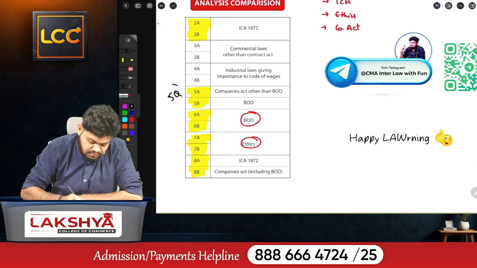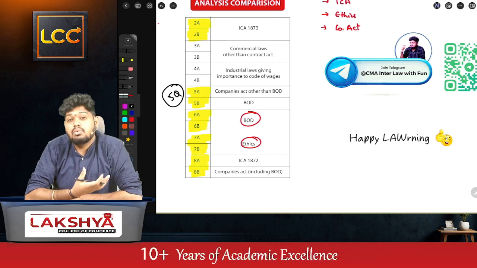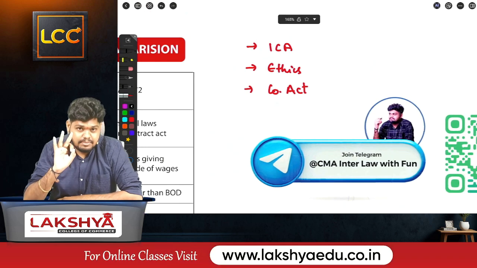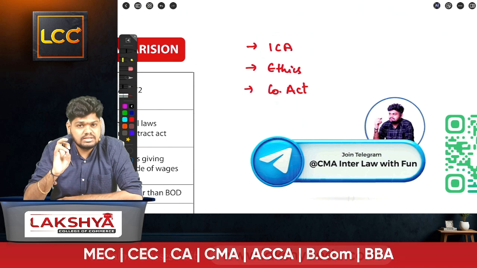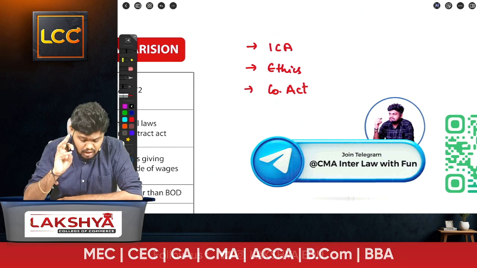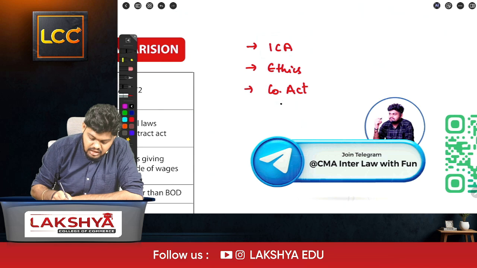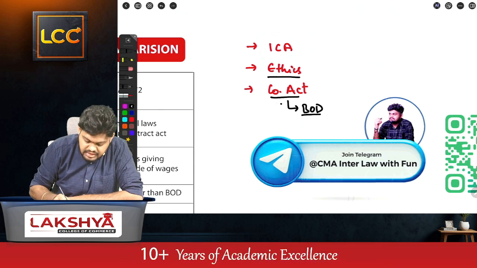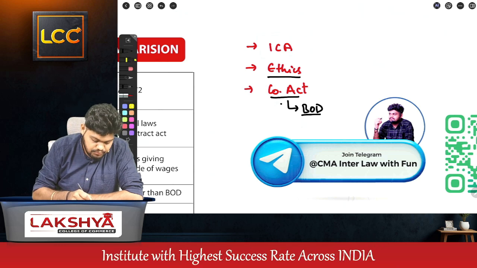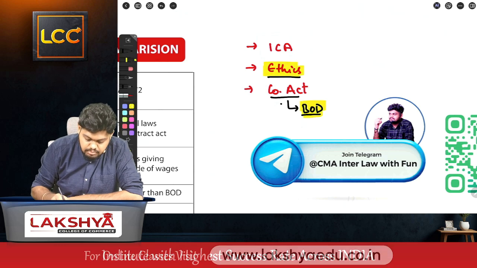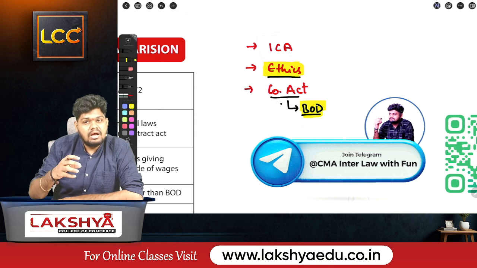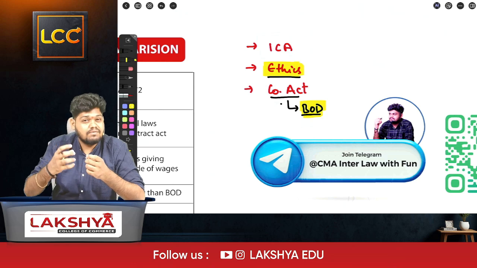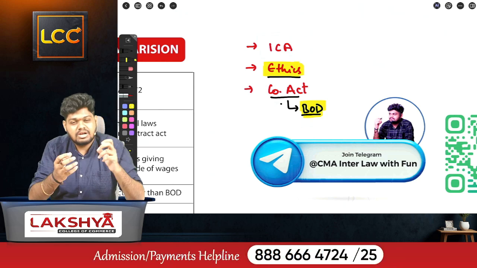You will be able to write 5 of the 7 questions which you are required to write just based on 3 chapters: Companies Act, Ethics, and Indian Contract Act. Out of these, within Companies Act, the Board of Directors and Ethics will play a very vital role for you from an exam perspective compared to their volume. Board of Directors and Ethics are very small but carry a huge amount of weightage, so that becomes your priority when you start studying.